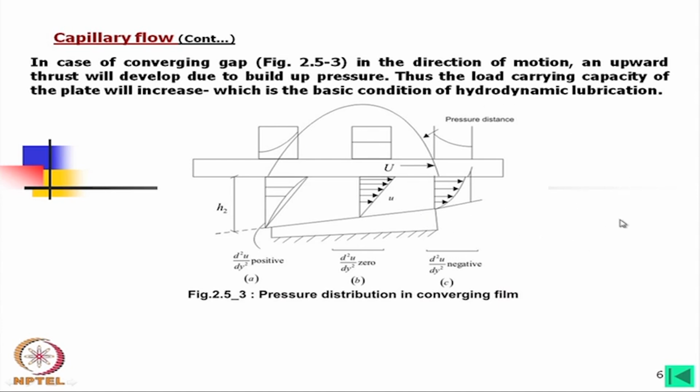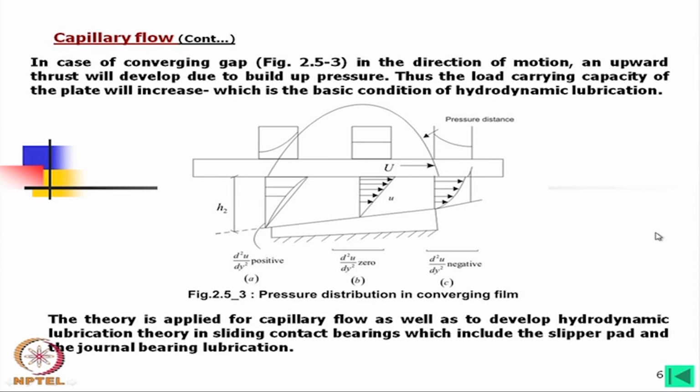Anyway, we will look into hydrodynamic lubrication and the pressure field in case of a capillary passage. The theory is applied for capillary flow as well as to develop hydrodynamic lubrication theory in sliding contact bearings, which include the slipper pad and the journal bearing lubrications.